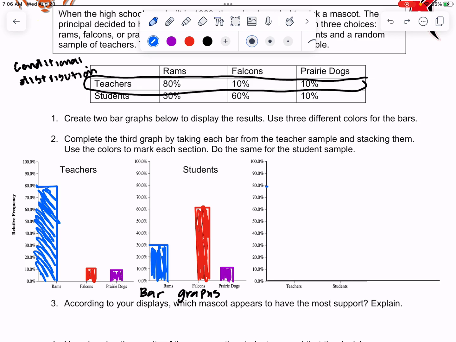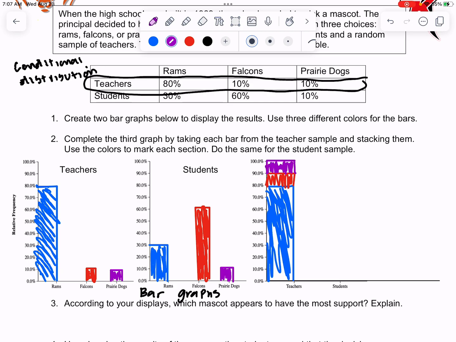We have 80% Rams, 10% Falcons, so it should be right here. And then we have 10% Prairie Dogs. Remember, in a segmented bar graph the stack should always include 100%.